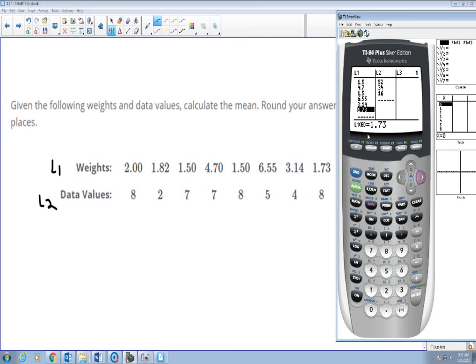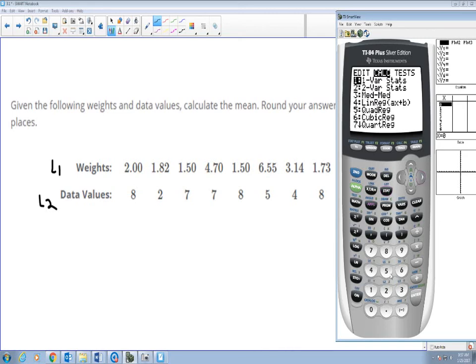Alright, 8 numbers. Go back up under L2. 8, 2, 7, 7, 8, 5, 4, 8. Alright, everything parallel.